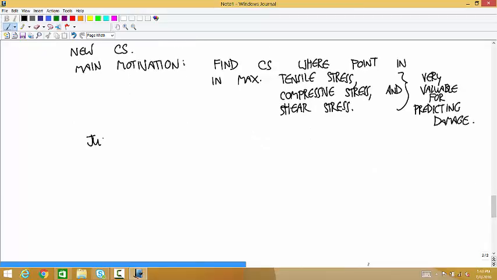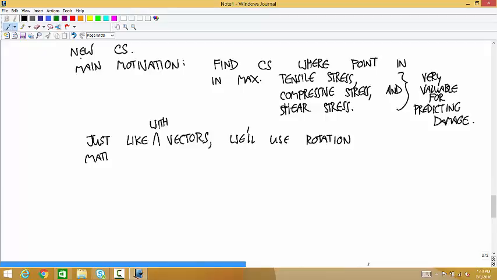So just like with vectors, we'll use rotation matrices to re-express the stress tensor in the new coordinate system.